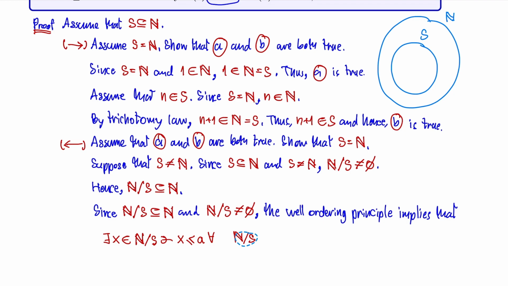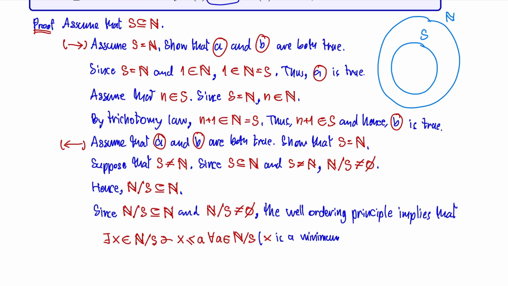Oh, I have to write A in this set. Okay, so for this statement, you can say that A: x is now a minimum.